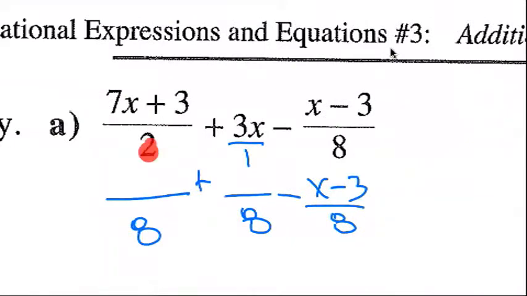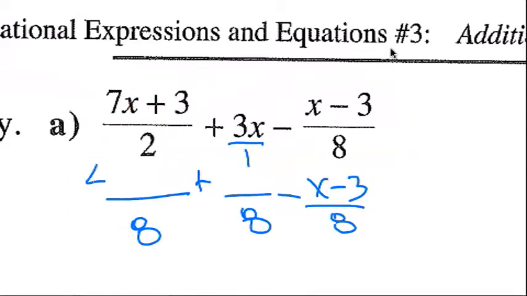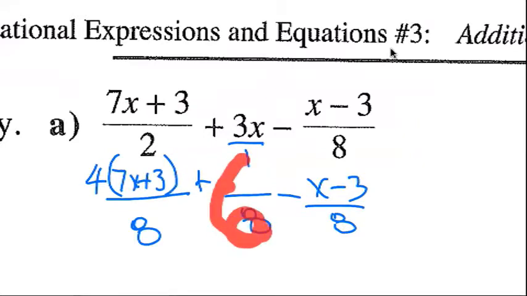Over here, 2 times 4 is 8. So I have to multiply this by 4 as well: 4 bracket 7x plus 3. 1 times 8 is 8. So 3x also gets multiplied by 8. This is 24x.